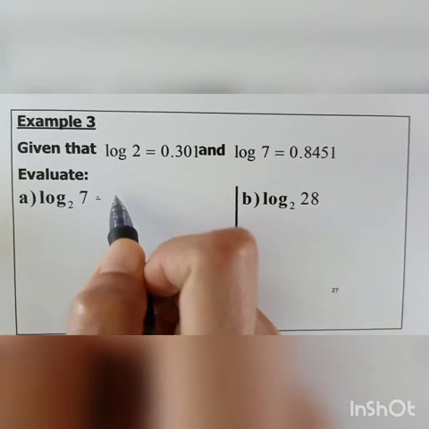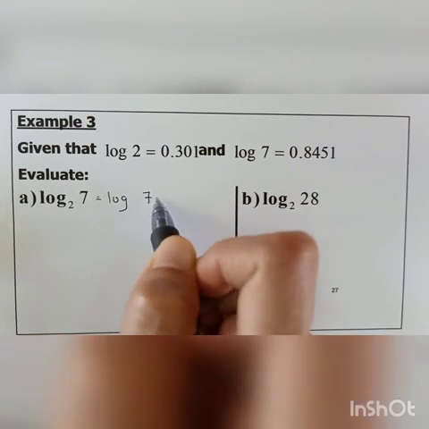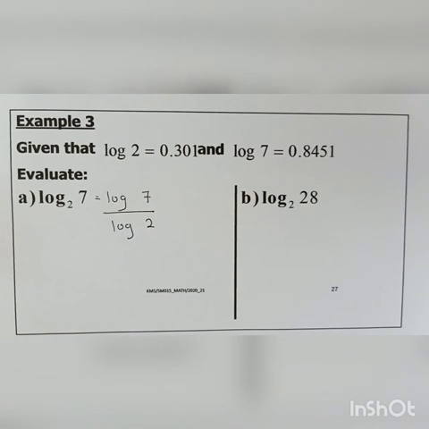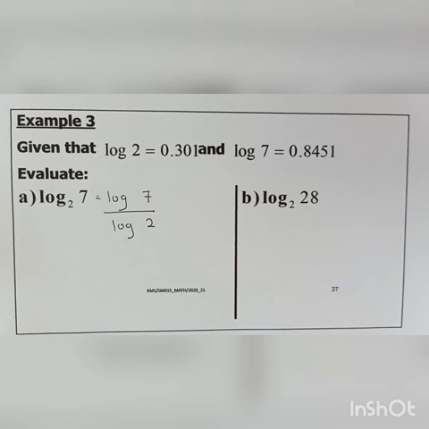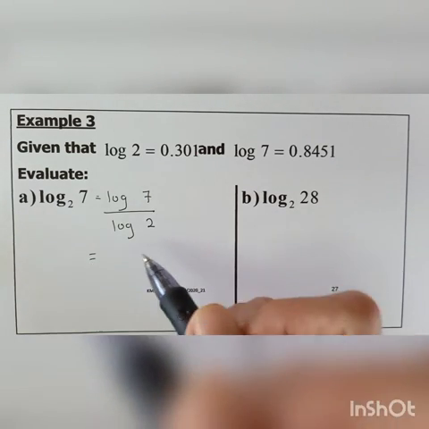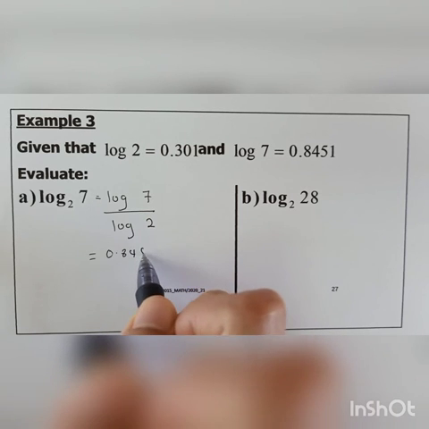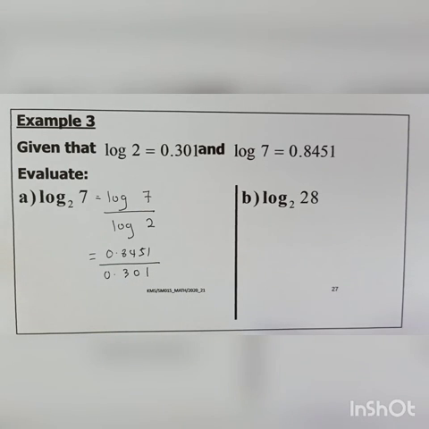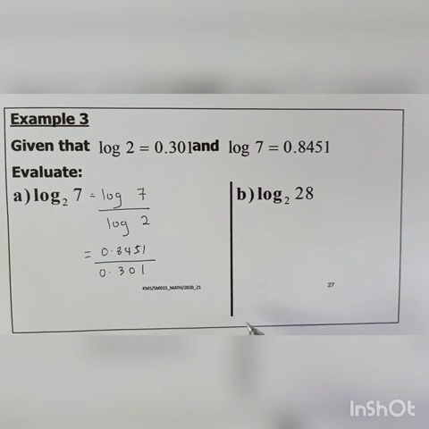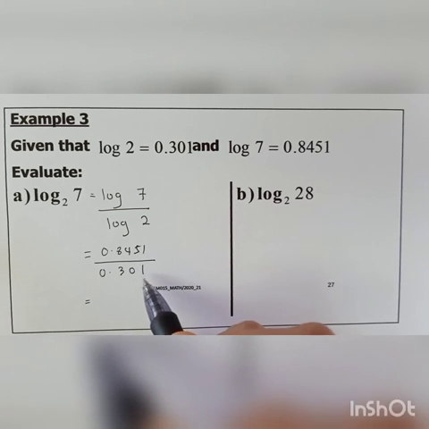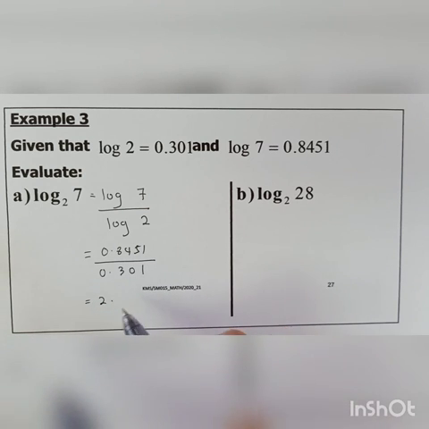Use the change of base formula, so log 7 base 10 over log 2 base 10. Now we substitute the values: log 7 is 0.8451 over log 2, which is 0.301. Now we can calculate 0.8451 over 0.301 using a calculator. The answer is 2.81.